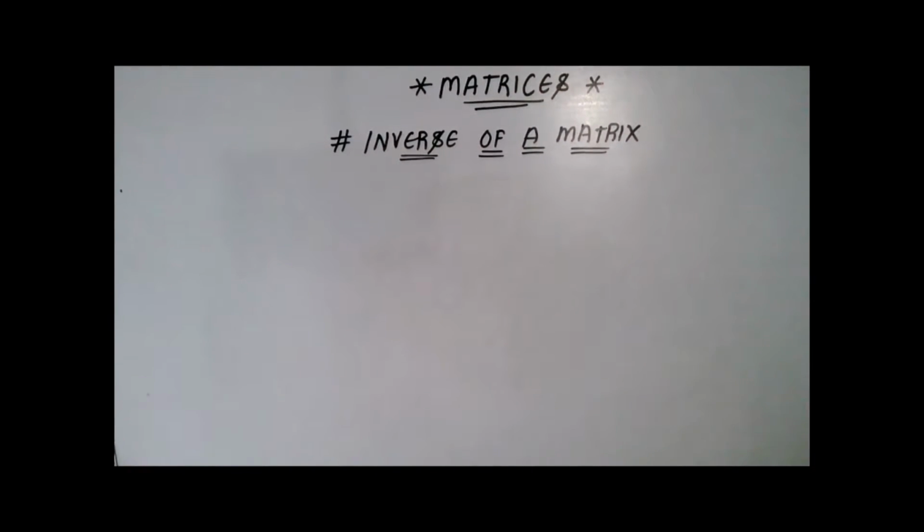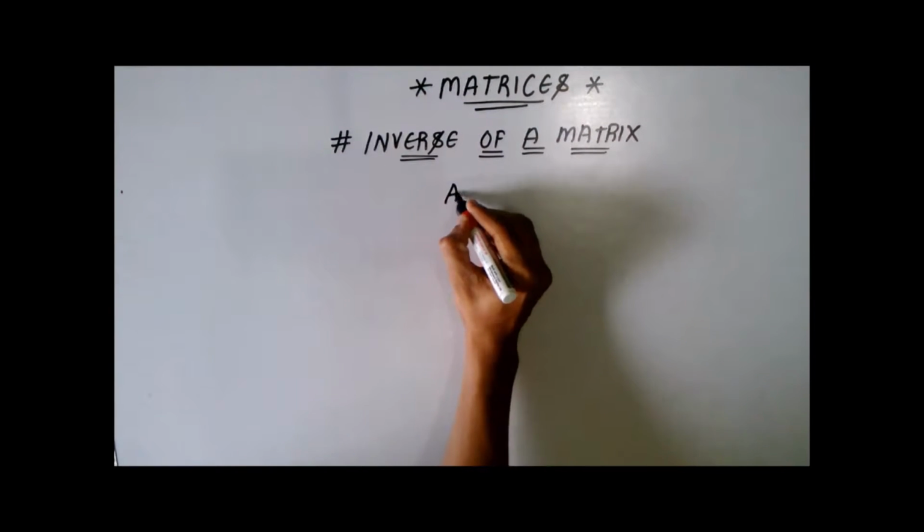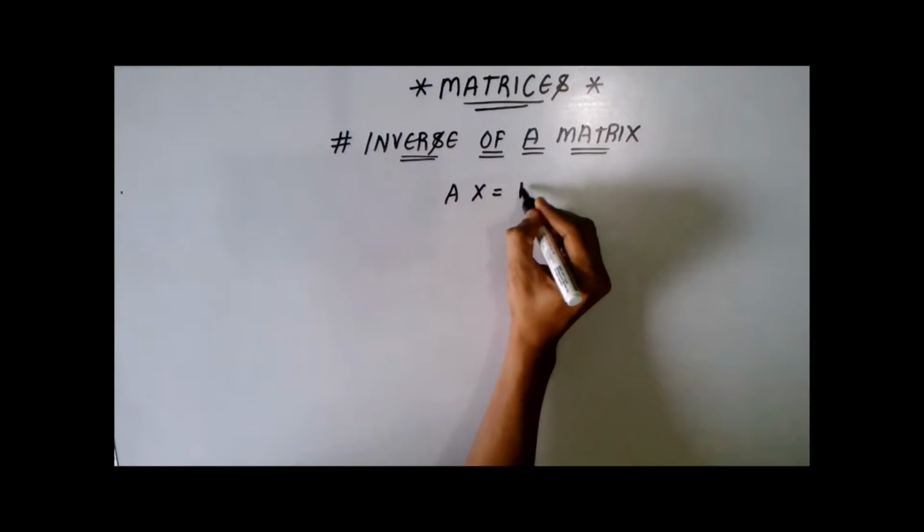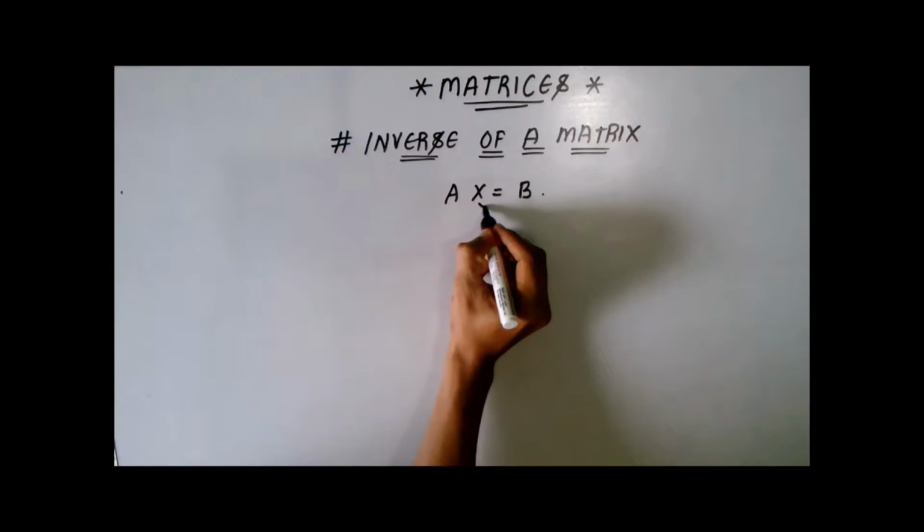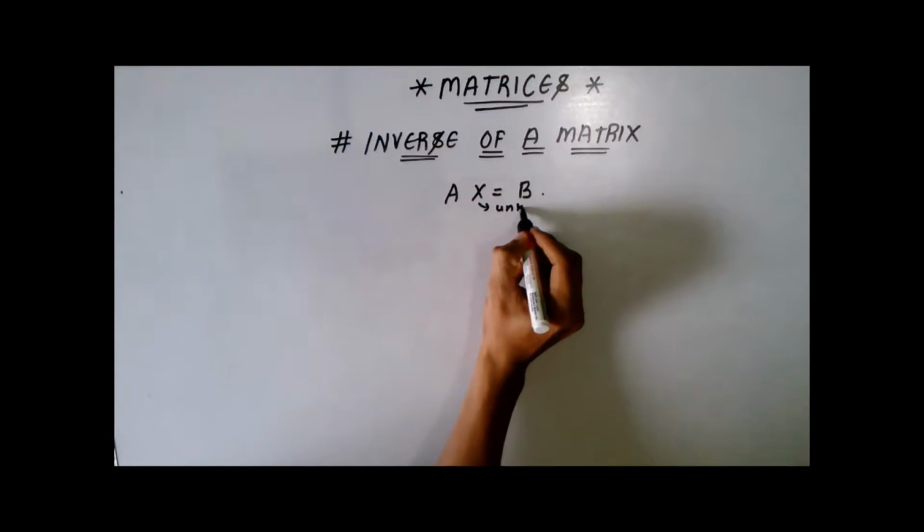So let's take the same example. Ax is equal to B, where x is the unknown matrix.